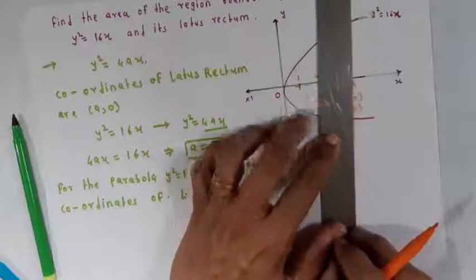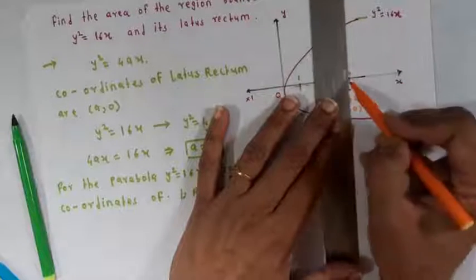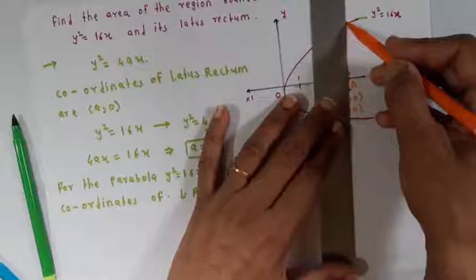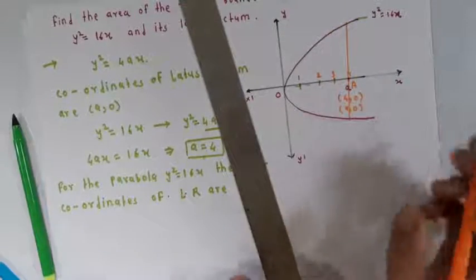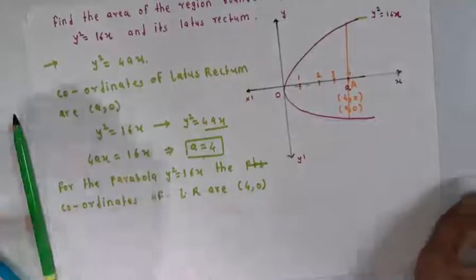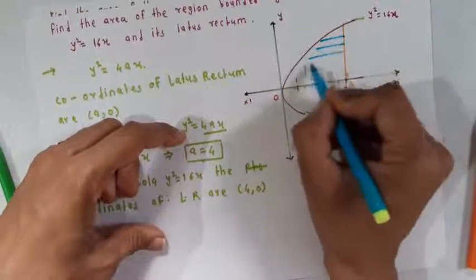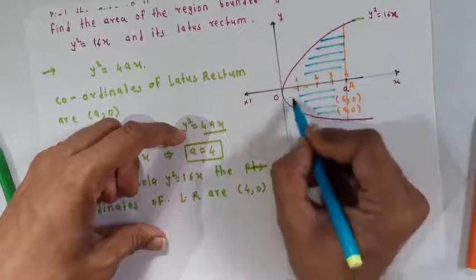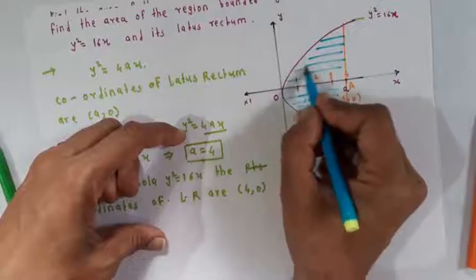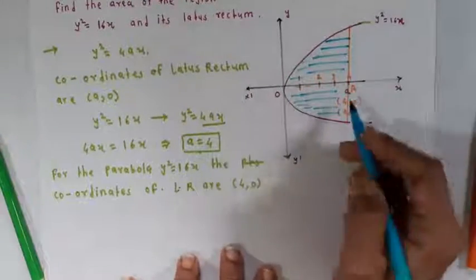And we have to find the area of the region bounded by the latus rectum. This is the line passing through the latus rectum, and this is the required area. We have to find this much area.